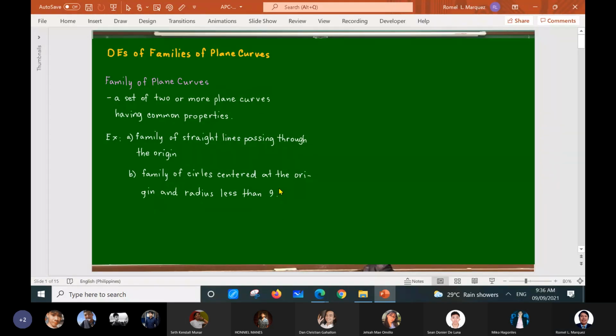Okay? So as the radius is less than 9 and the center is at the origin, it is a member.